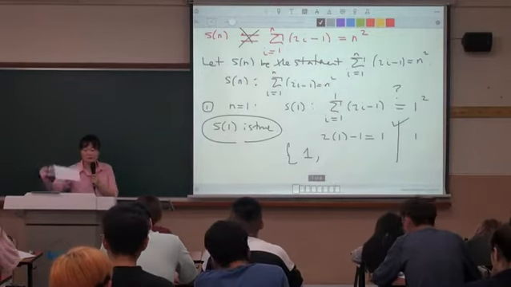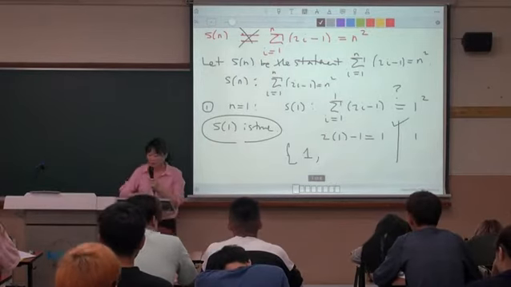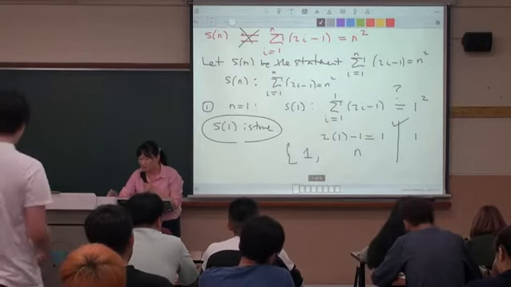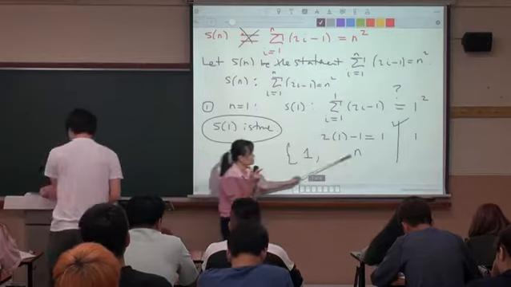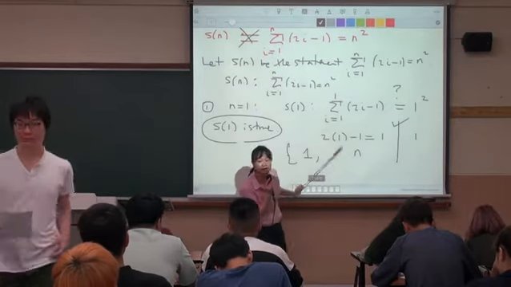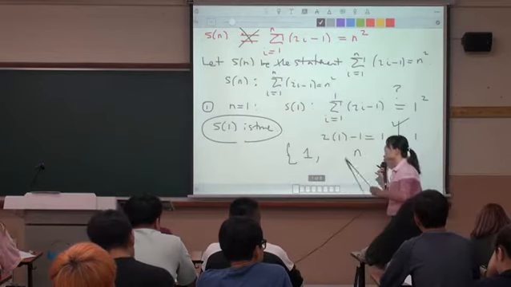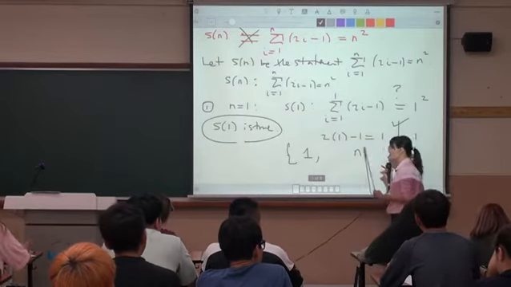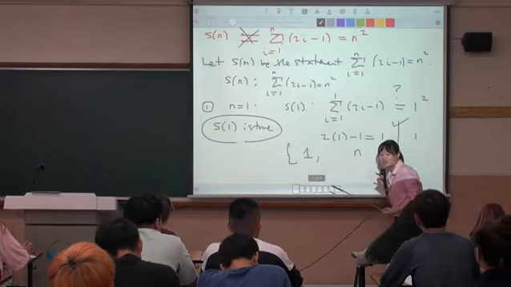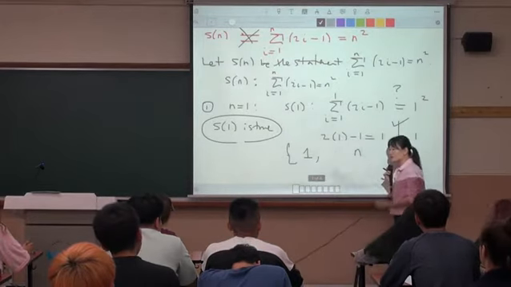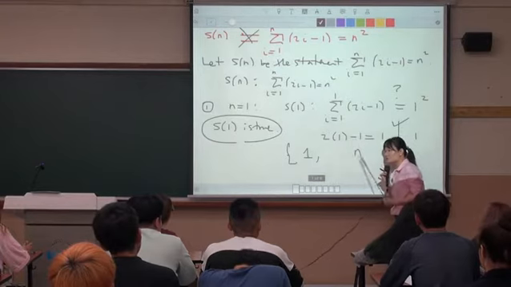Yep. So now we will assume n is in the set. If n is there, we have to show what? n plus 1 is in there. So this is assumed. We assume n is in the set. So given S of n is true, we have to show S of n plus 1 is true.